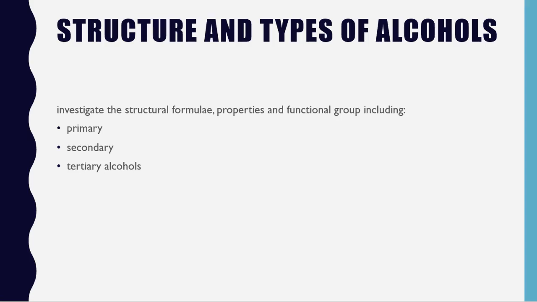And while we were naming them using the regular conventions that we had discussed previously, it was mentioned that there were certain alcohols called primary, secondary and tertiary. So today we are going to look into what does that actually mean, as well as how they look in their structural formula and how that functional group affects the properties of alcohols.